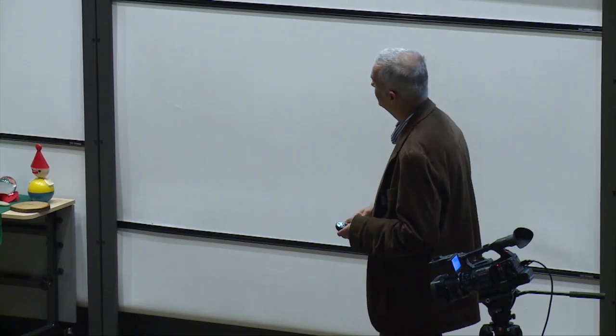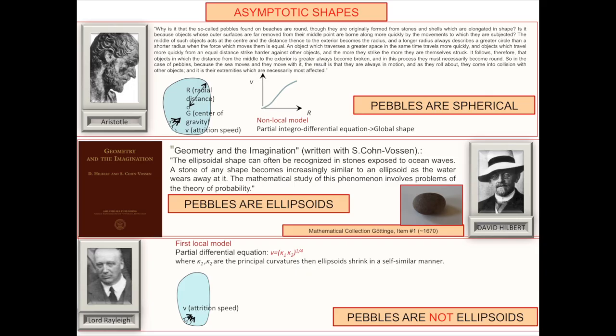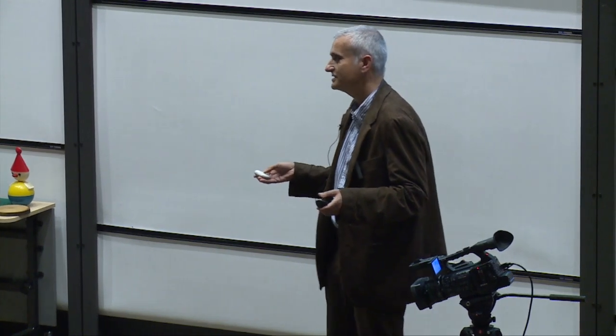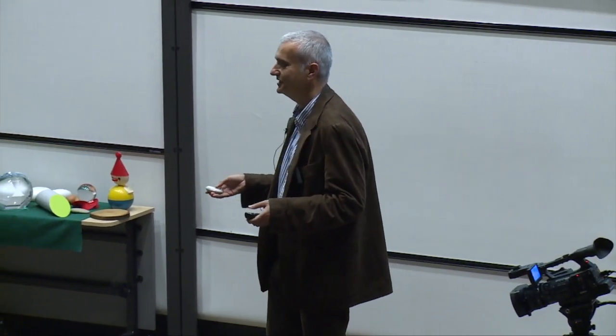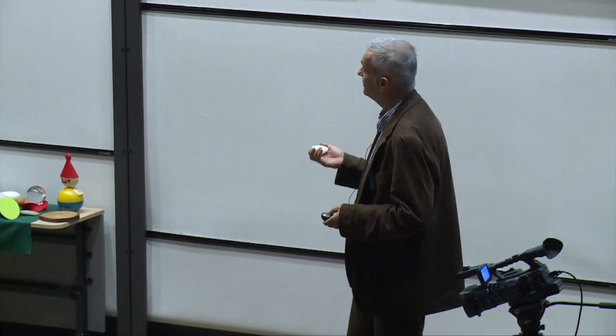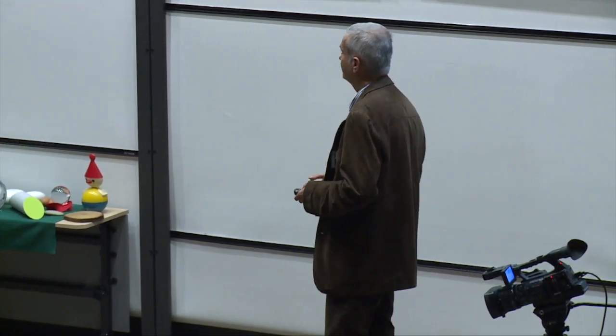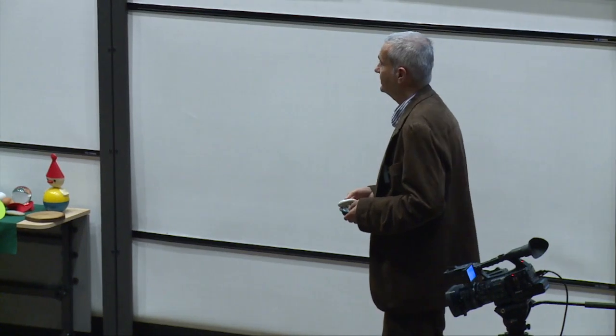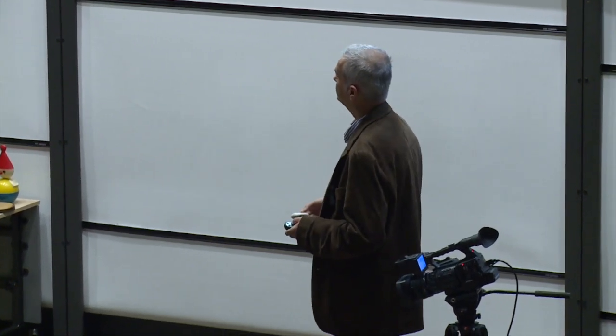Not much later, Lord Rayleigh, who is the son of the Nobel Prize winning Lord Rayleigh, pointed out that pebbles are not ellipsoids. So pebbles don't seem to be spherical, don't seem to be ellipsoidal. What are pebbles like? Do we have a name for pebble shapes? What are the numbers which we can use to characterize them?